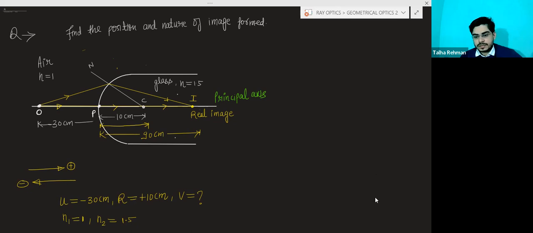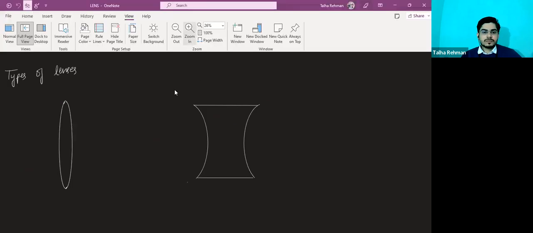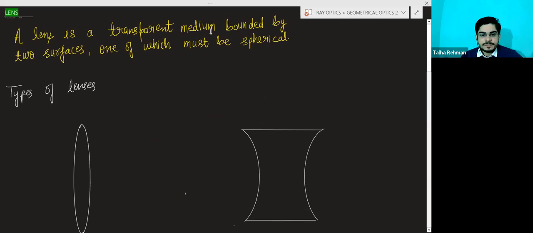So the next topic is the lens. A lens is a transparent medium bounded by two surfaces, one of which must be spherical. This is the definition. Generally, there are two types of lenses.